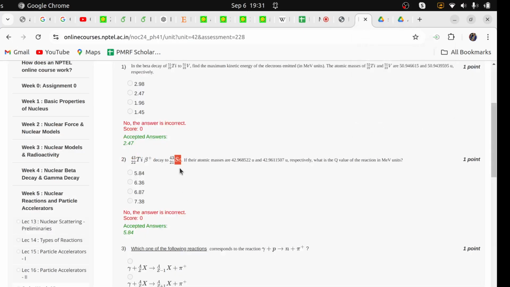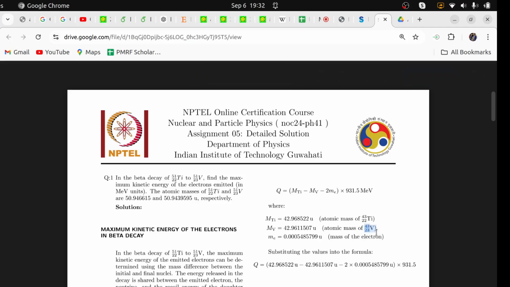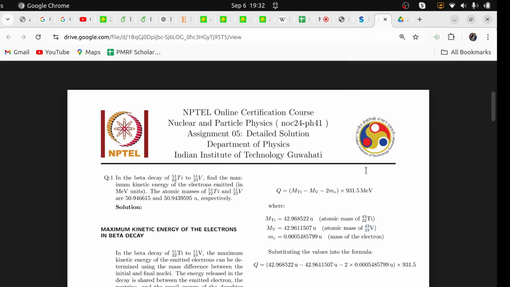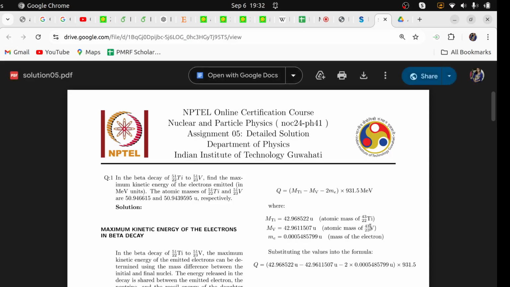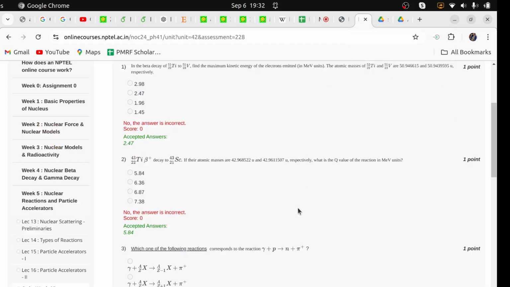I have no doubt on that. It should be scandium in the solution also, but maybe it is a typo. You can see this one also is not correct. Vanadium should not be there, it will be scandium. But the main thing is to calculate the Q value, we need to check the atomic mass only. So the answer should not be different. We don't know the exact atomic mass of vanadium and scandium, so whatever the question gives, we calculate accordingly.